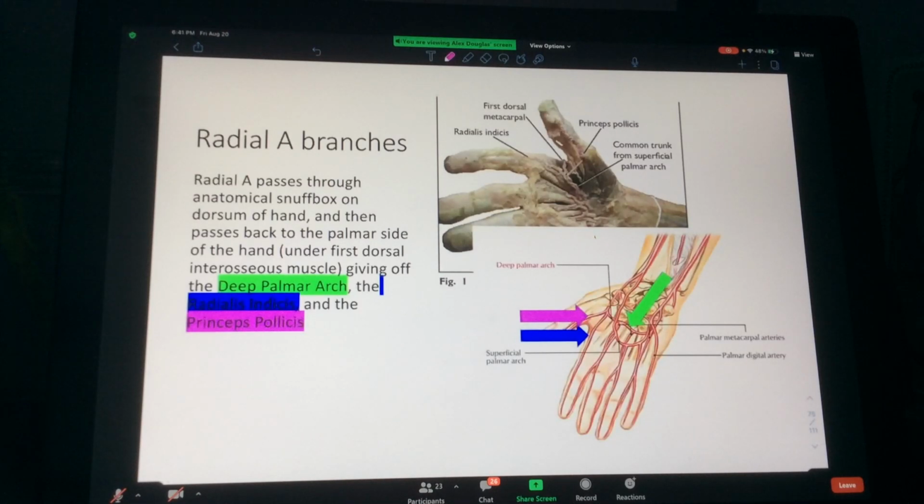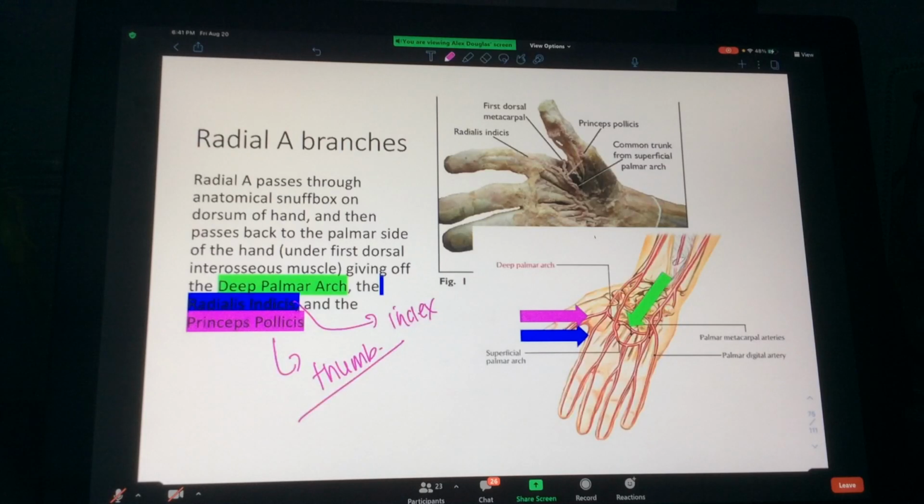The radial artery is going to keep coming down, and she's going to give off a deep palmar arch, radialis indicis, and radialis pollicis. Remember that I told you that pollicis means thumb? Well, she's back. Indicis means index finger, so that's going to help you out.